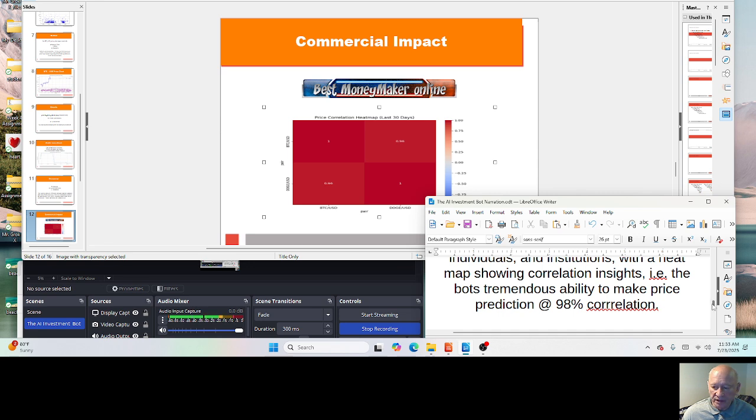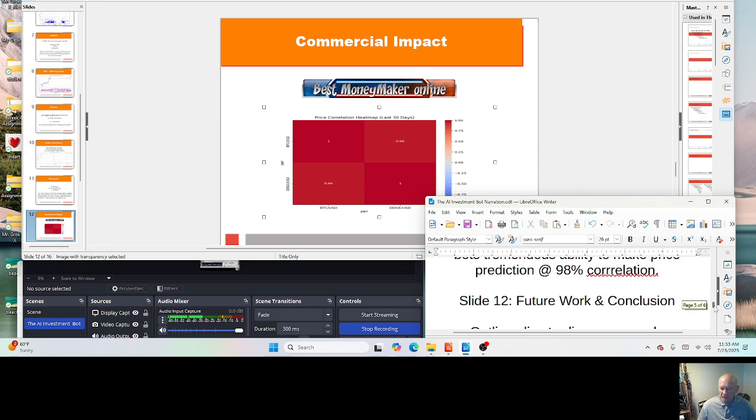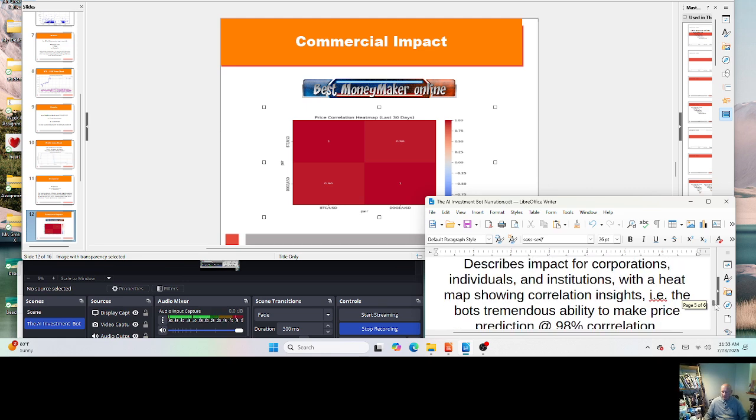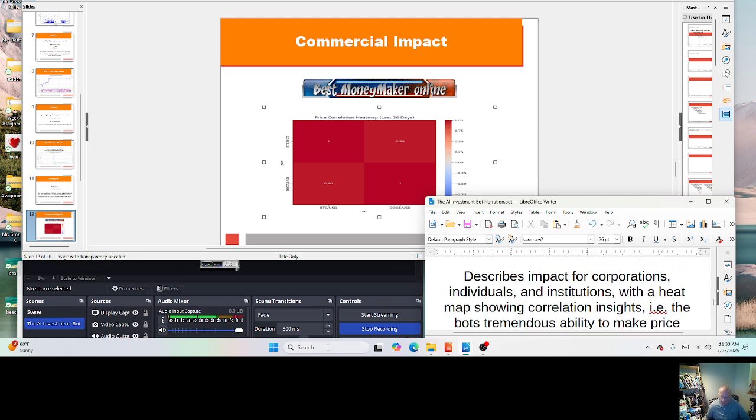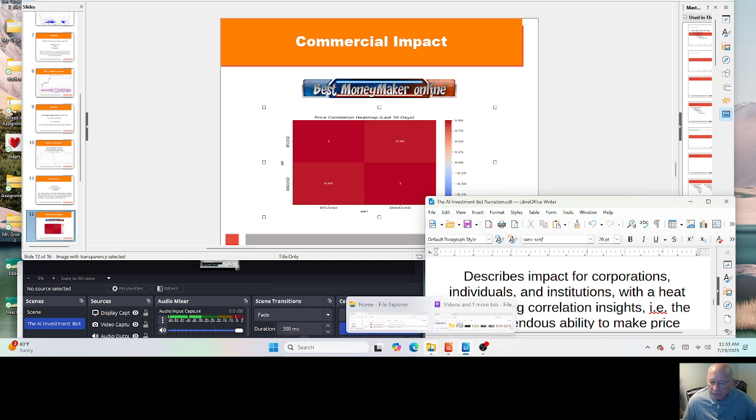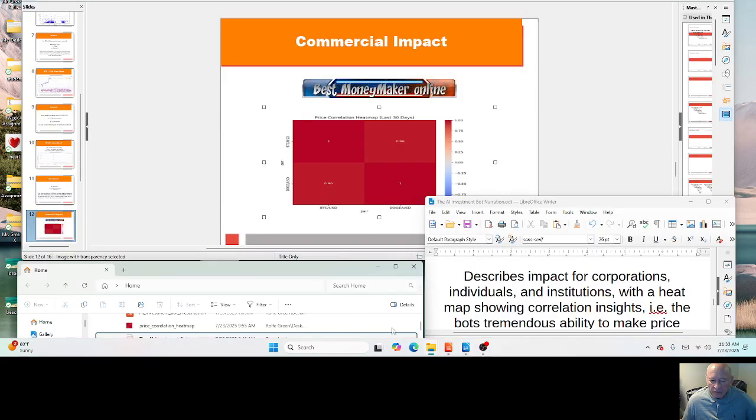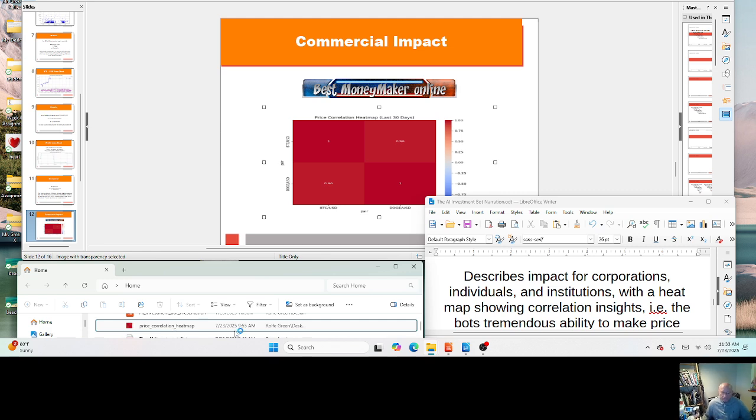This I was able to substantiate in the logging of the investment bot. Let me see if I can get you the larger image. File Explorer. Okay, right here. It just takes a second to pull up and you get to see a bigger picture.